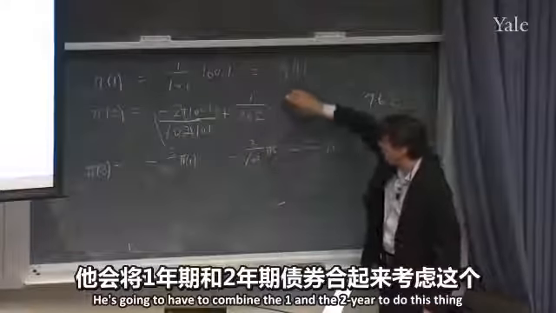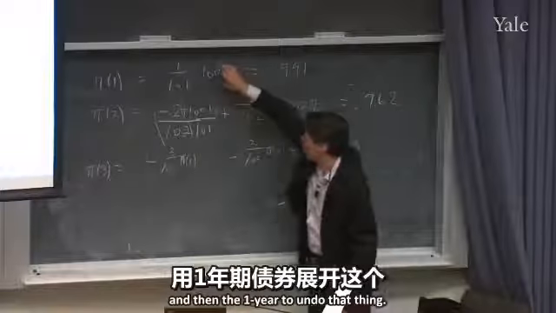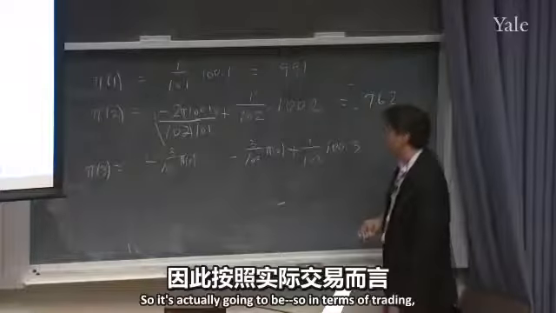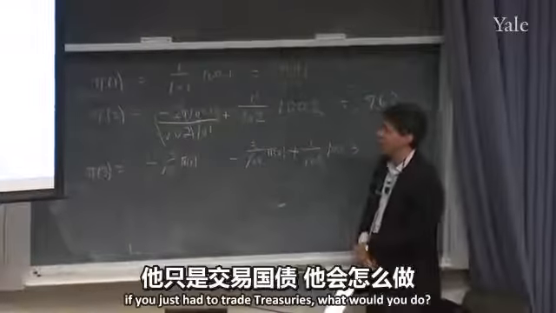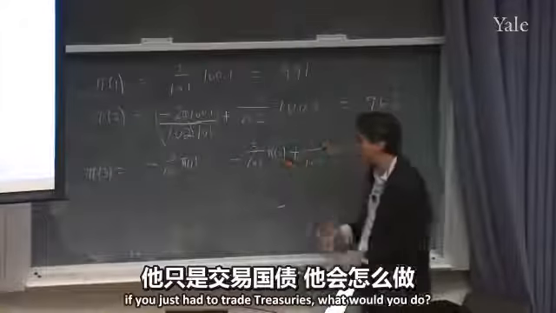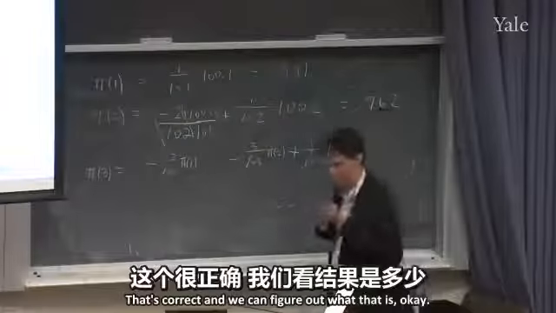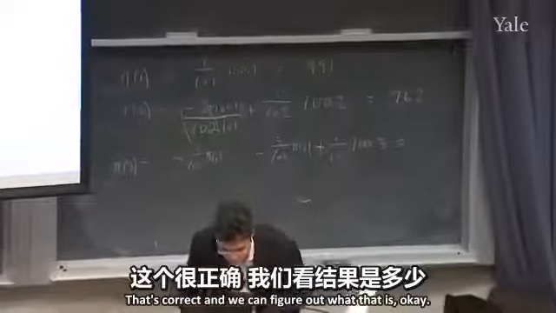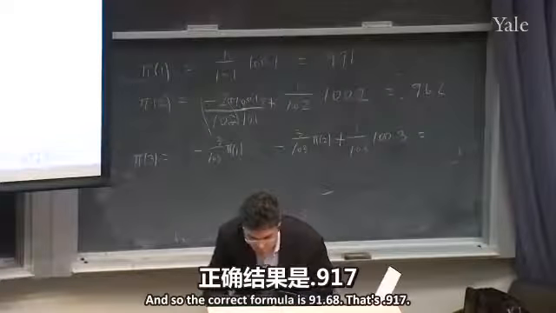Okay, he's going to have to combine the 1 and the 2-year to do this thing, and then the 1-year to undo that thing. So in terms of trading, if you just had to trade treasuries, what would you do? So this is the correct formula. That's correct, and we can figure out what that is. Okay, and so the correct formula is 91.68.